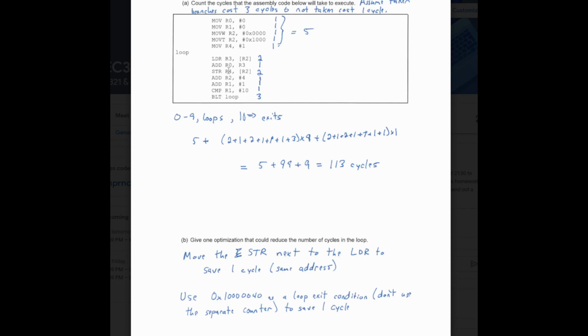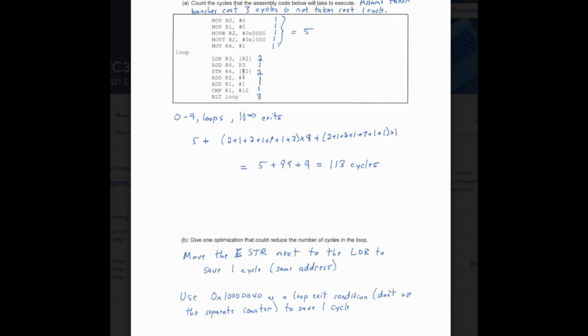We could condense the load and store together and do the load from R2 and then the store to R2 in 2 consecutive instructions, and that would save 1 cycle based on that rule in the ARM reference, which is that we have that 2C. So if we're going to the same address and the same size, we end up saving a cycle. So that would reduce the store to being 1 cycle instead of the load being 1 cycle.